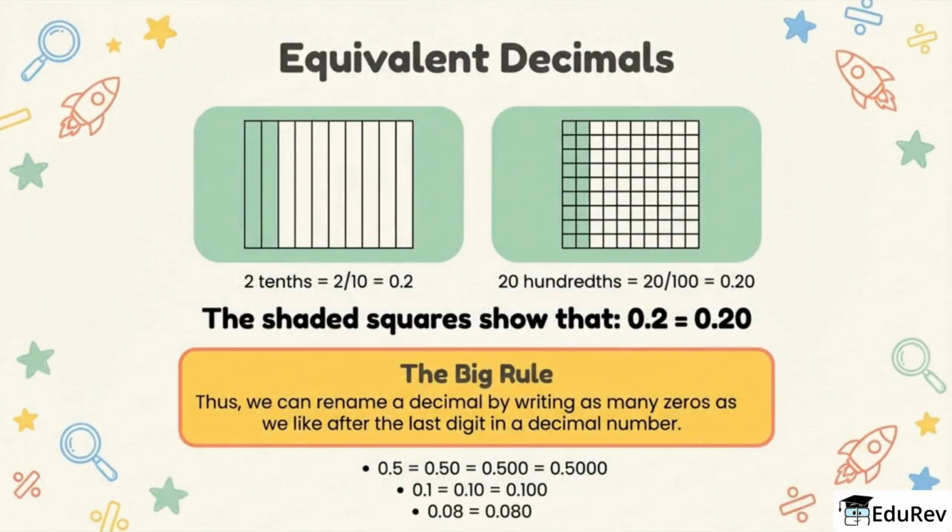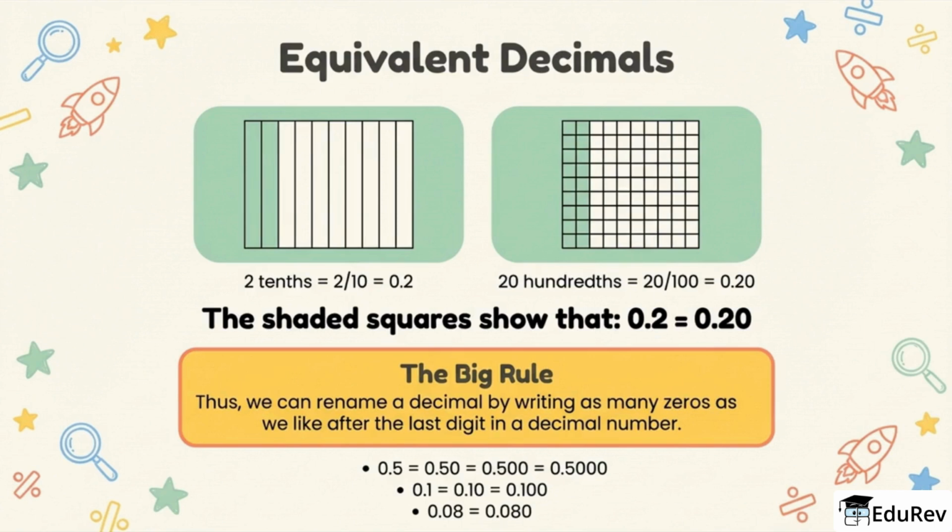Sometimes, different looking decimals mean the same value. For example, 2 tenths is 2/10 or 0.2, and 20 hundredths is 20/100 or 0.20. They are equal, so 0.2 equals 0.20.